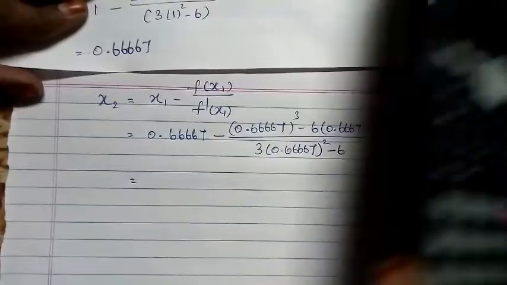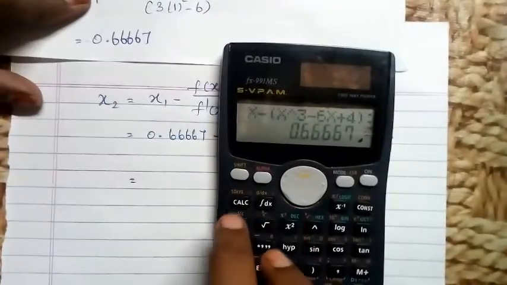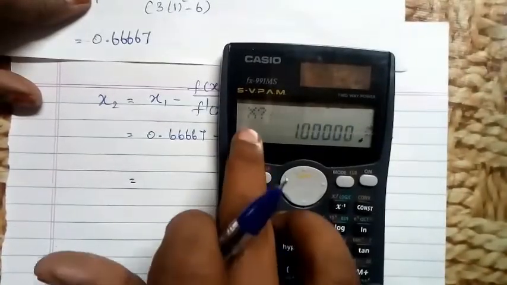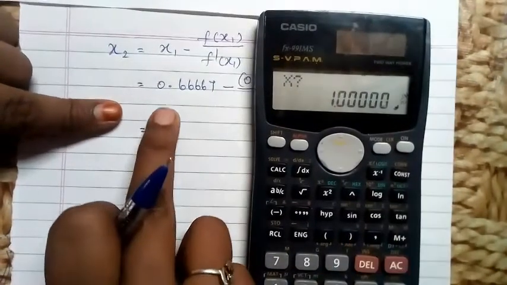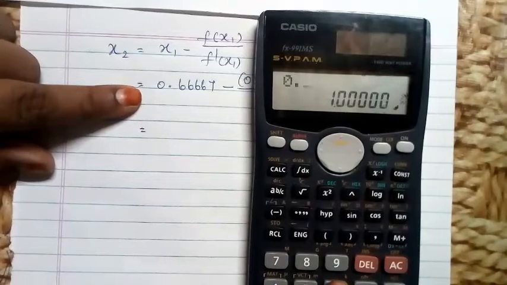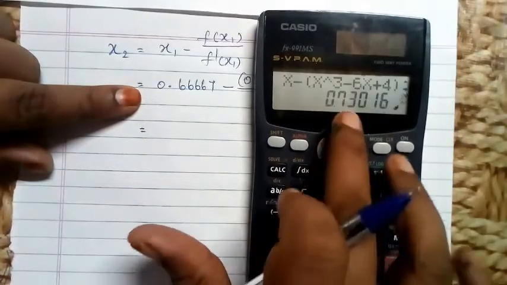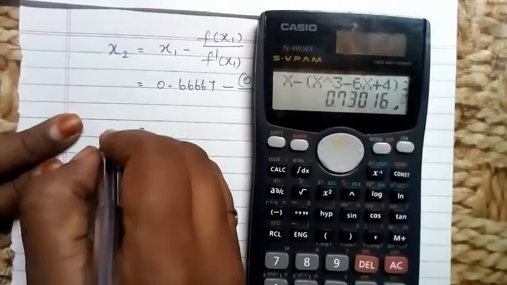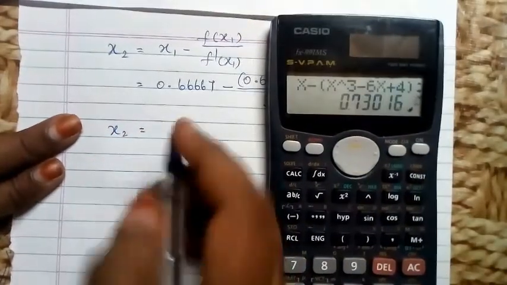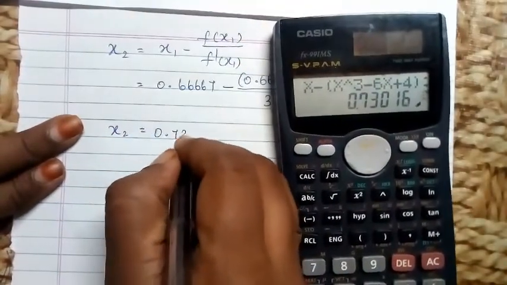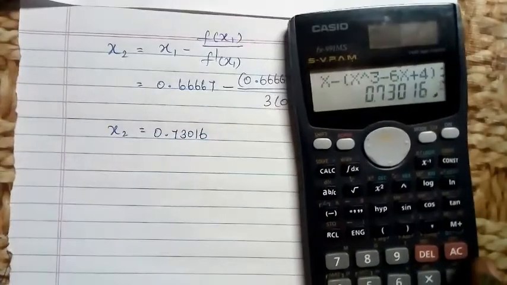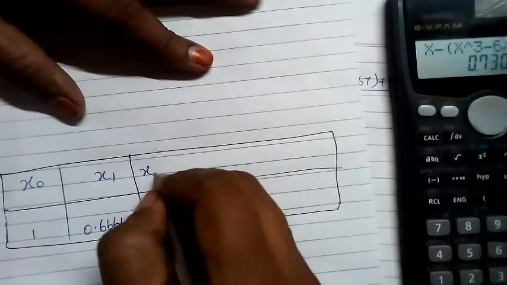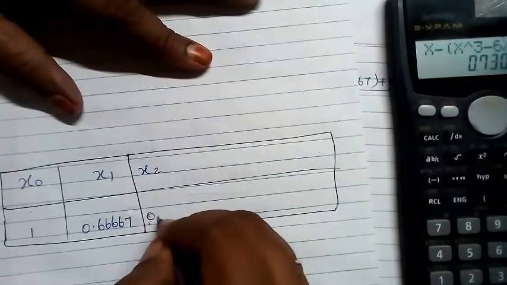Already we have entered this formula in the calculator. Simply press CALC, which asks for the x value, and give it as 0.66667 and press equal to. Now the value of x2 is obtained as 0.73016. It is the new approximated value.